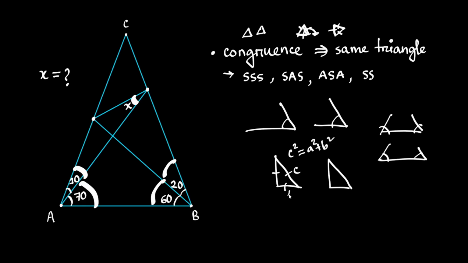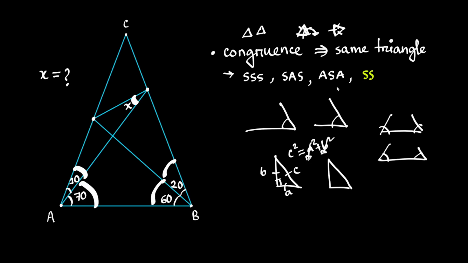C is the hypotenuse, a and b are the right angle triangle's adjacent sides. So if you have two sides, then you actually have the third side as well. So for a right angle triangle, two sides are enough. One side can be the hypotenuse, it can be any two.